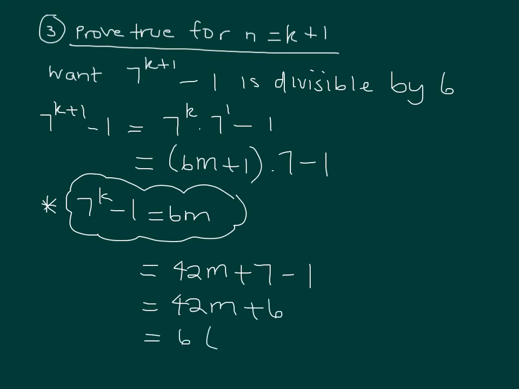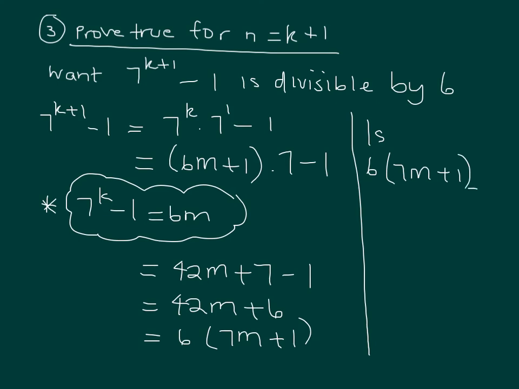Well, if I take 6 out as a common factor, then I've got two things that are being multiplied together. I've got 6, well that's divisible by 6, and I've got 7m plus 1. So what I want to show is that, your question is 6 times 7m plus 1, can I divide that by 6?